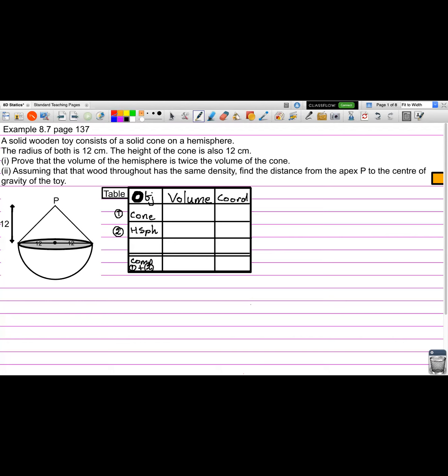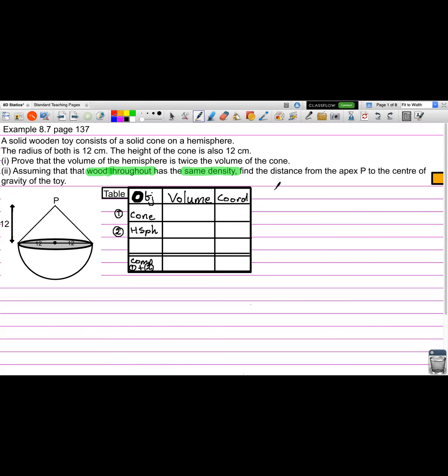Now we need to work out the volumes. The reason why we can use volume in the sorting out of this problem is we were told that the wood had the same density throughout the object. So therefore we can treat volume as we would treat weight, and that makes the problem so much easier.